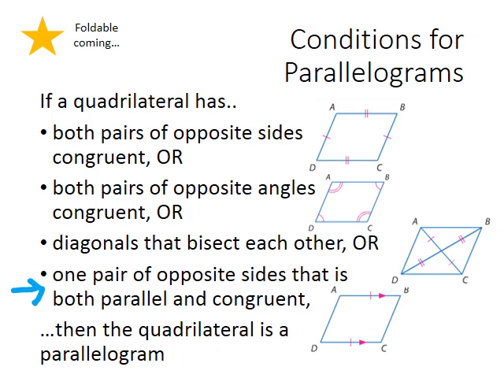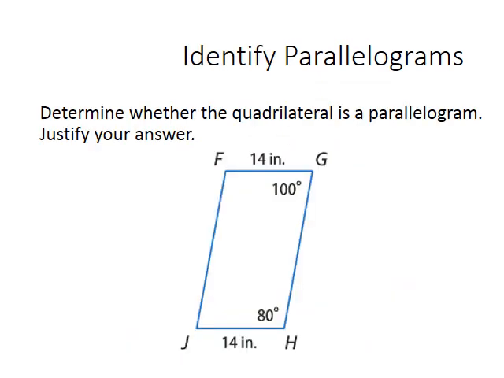Okay, so let's real quick see if we can go the other way. We've got the conditions for parallelograms to see if a quadrilateral is a parallelogram or not. Alright, determine whether the quadrilateral is a parallelogram and justify your answer. So right away, when we look at the sides, we've got 14 inches here and 14 inches here.